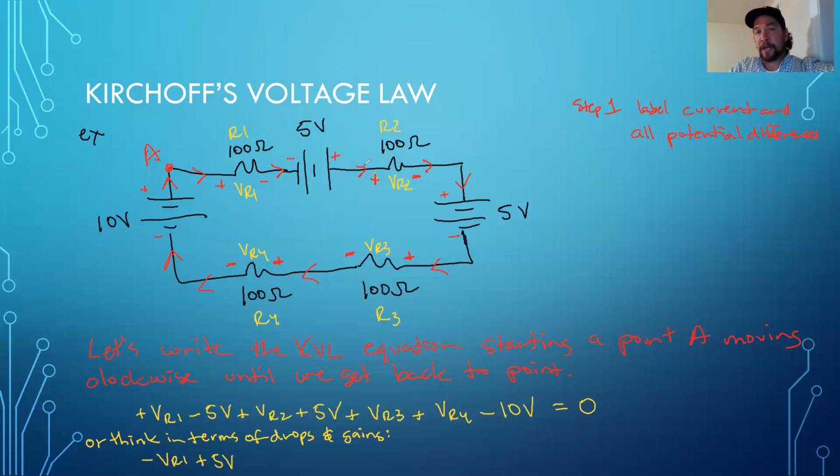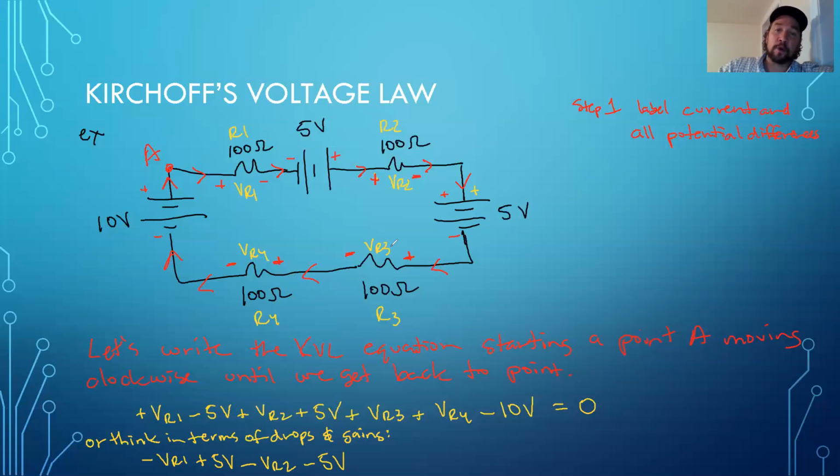VR2, again, it's plus minus, so I'm losing VR2. So it's minus VR2. This is the tricky one because it's a power supply, or a voltage source. So we want to say it's a gain, but we're going in through the plus and coming out the minus. So this is actually the higher potential over here. This is higher and this is lower. So in fact, my electron loses 5 volts. Continue, VR3, it's a loss.